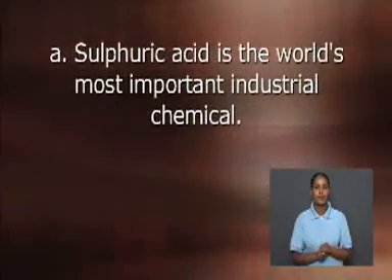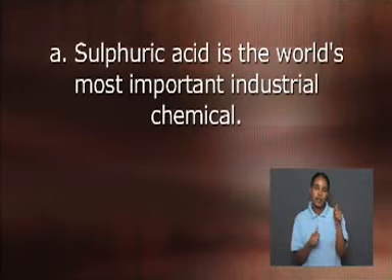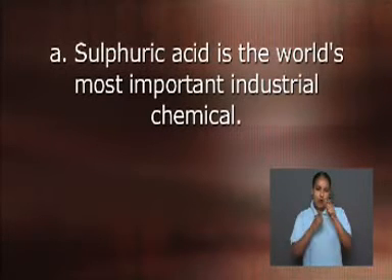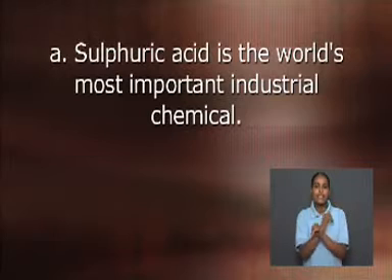Hello, everyone. I am sure that you had no problem figuring out which statements about sulfuric acid are true and which statements are false. Let us go through each one together. Statement A is true. Sulfuric acid is the world's most important industrial chemical.